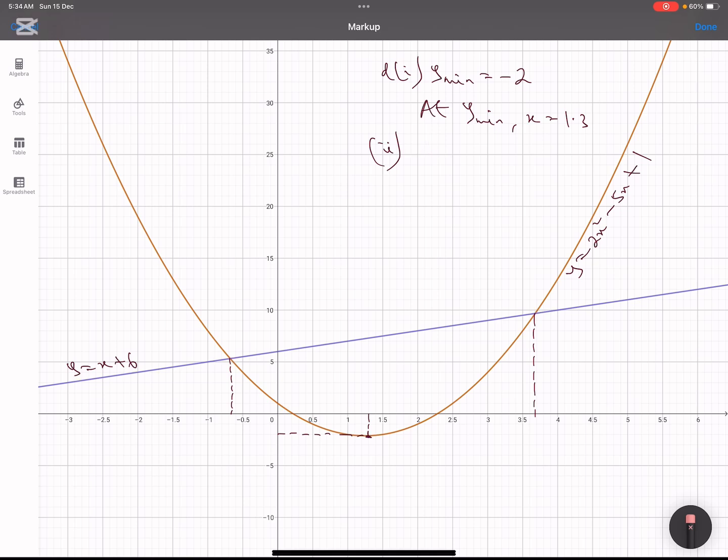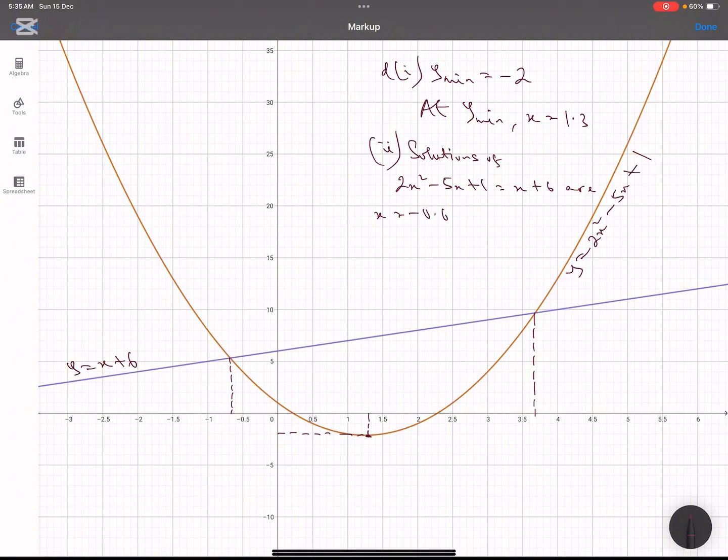So the solutions of 2x squared minus 5x plus 1 equals x plus 6 are x equals minus 0.65, and x equals 3.67.